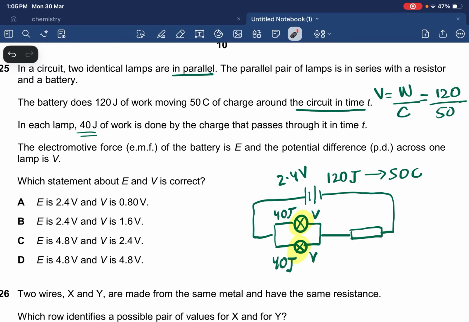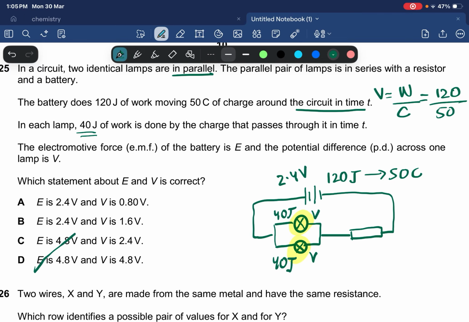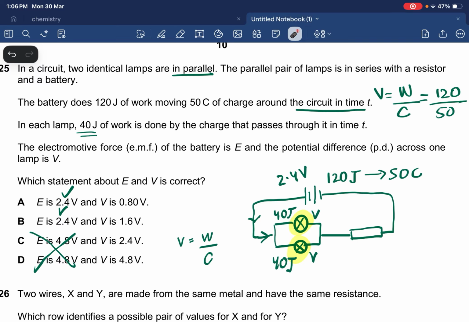EMF we just figured out is 2.4 volts. And V is 0.8 volts and V is 1.6 volts. To figure out V, we know that voltage equals work done upon the charge, right? If 2.4 volts is coming from here, it's going to remain 2.4.